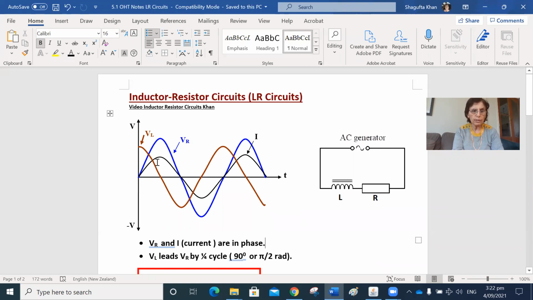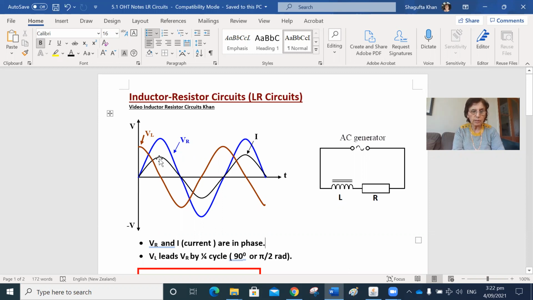What's the reason for that? If we look at the current time graph, voltage is induced across the inductor only when the current is changing, or VL is proportional to the rate of change of current, or the gradient of this current time graph.